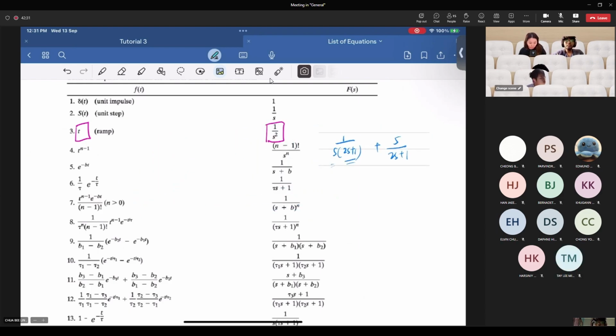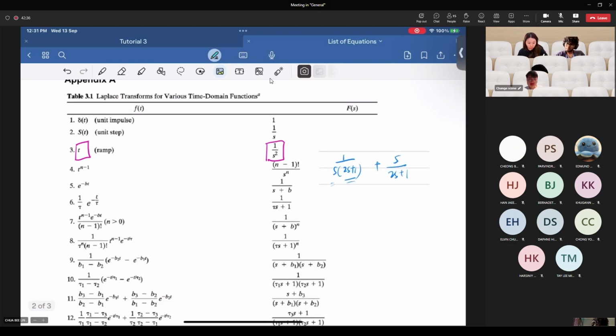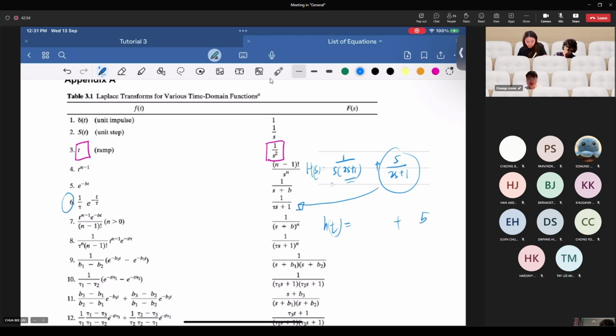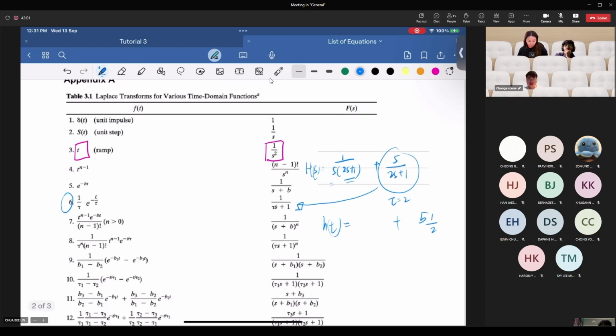So you will be having the one similar 2s plus 1 is this one. You can use this. So this is the hs. Finally ht. So this one I can use 5. 1 over 2, your tau is 2. 1 over 2 e negative t over 2.